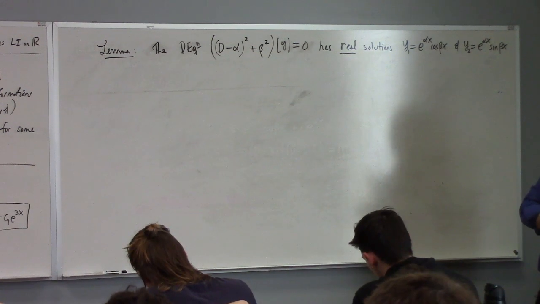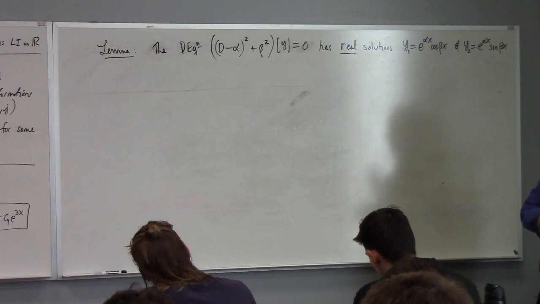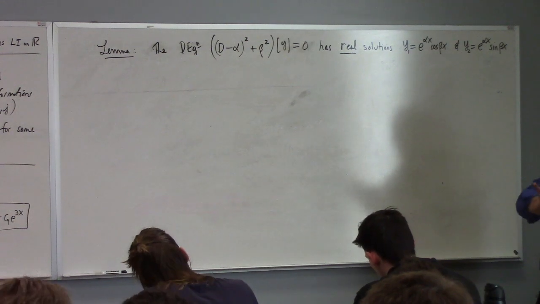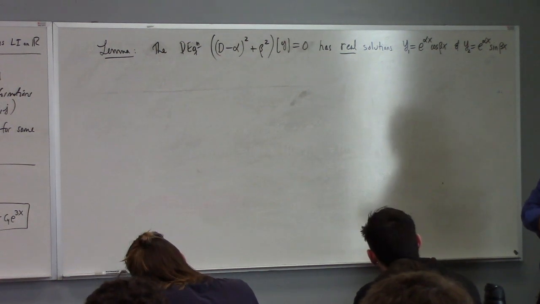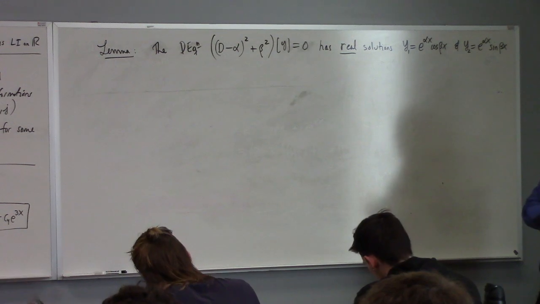Which is to say, anytime we have an irreducible quadratic in the factorization, it begets to us a pair of sine and cosine solutions.